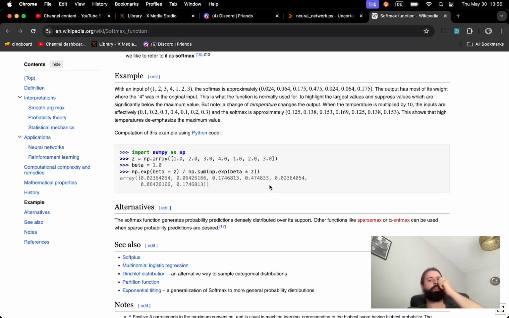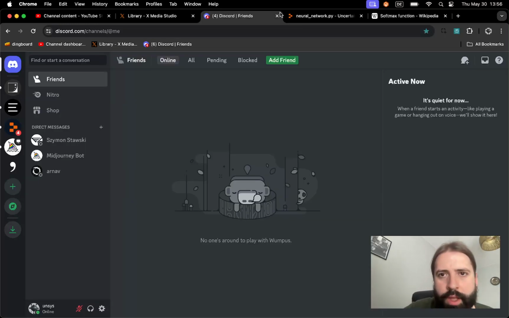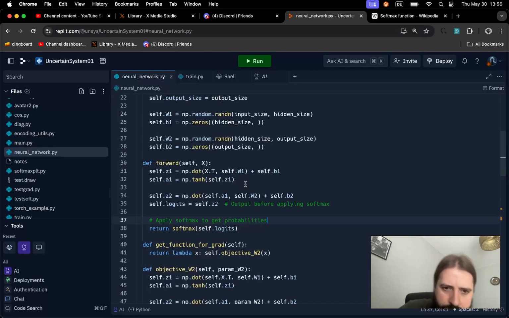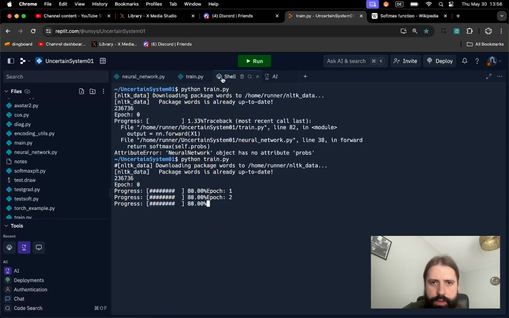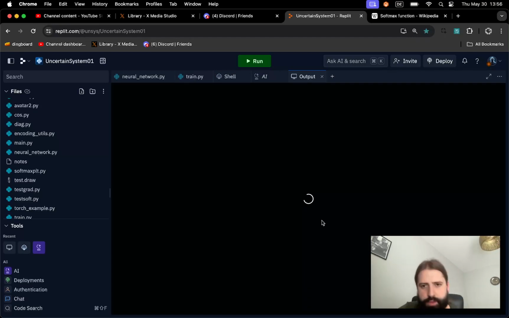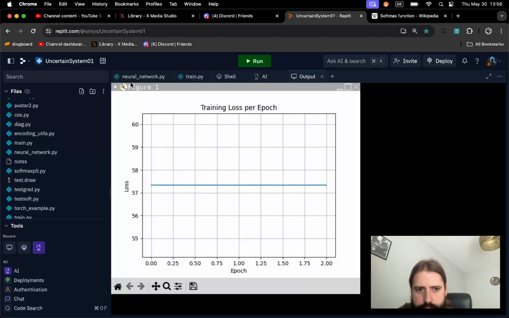How to implement the derivative of the loss function? The derivative of the loss function. What is the problem with these? I'm just banging my head against the wall, right? So we've got a softmax function. What is the derivative of the softmax function? Okay, let's see. I think that's finished actually. But it's just going to be flat.